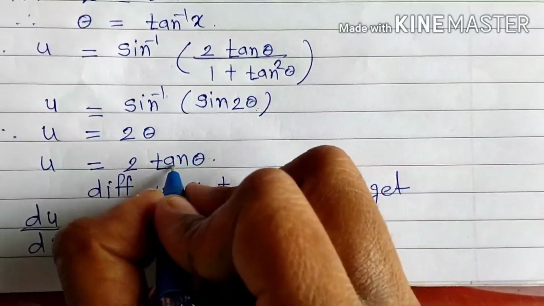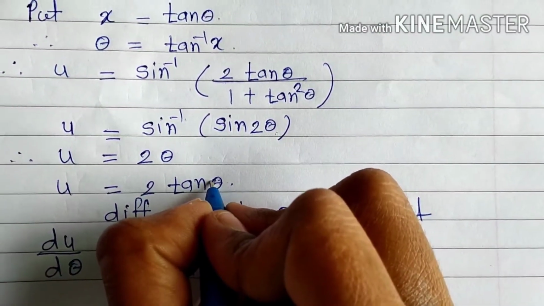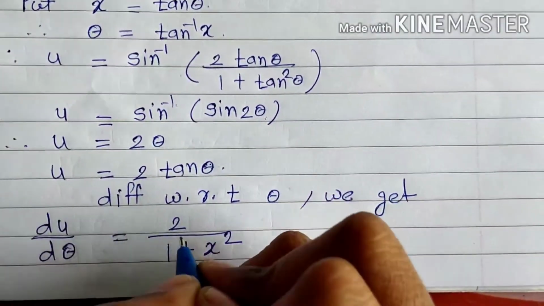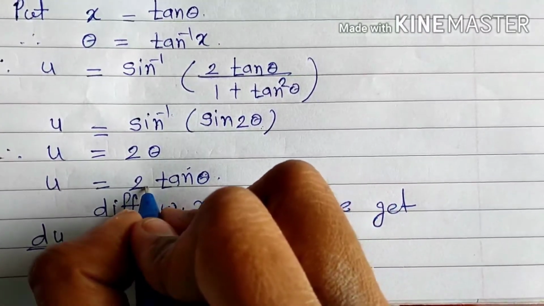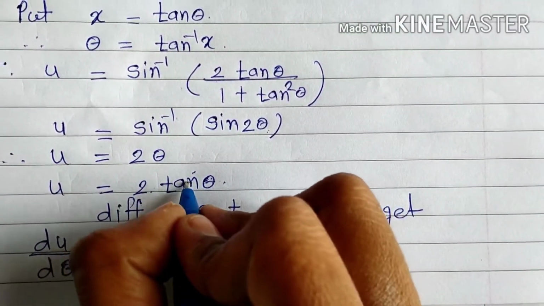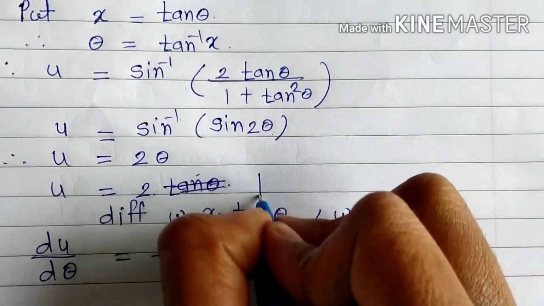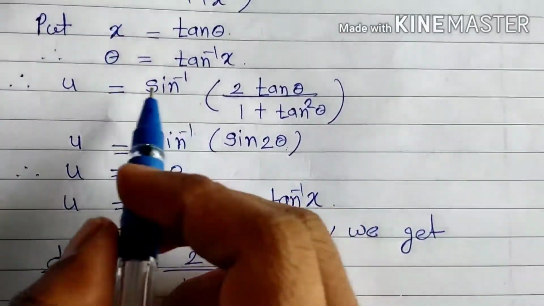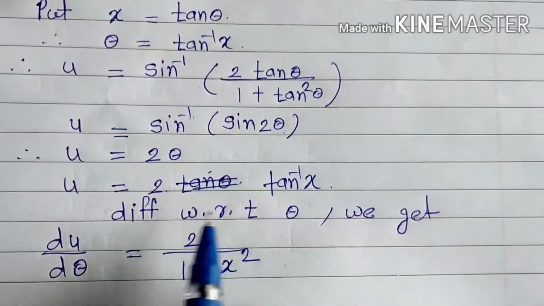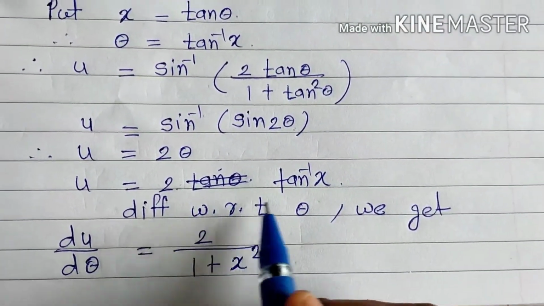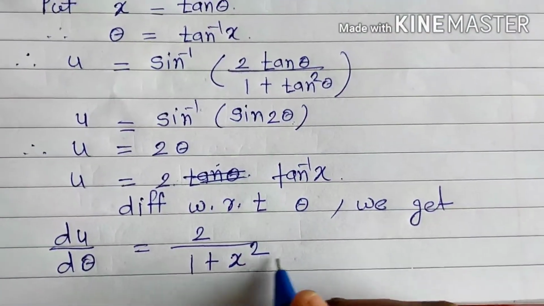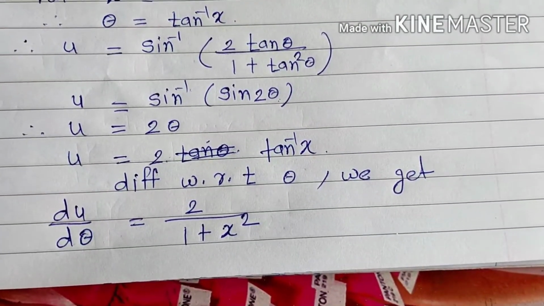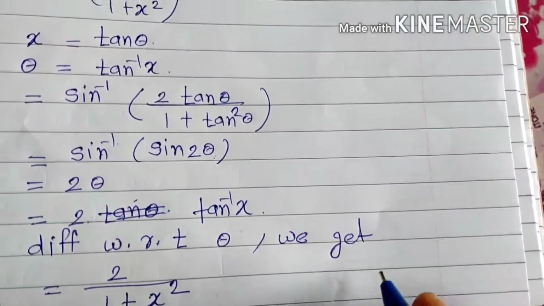Sorry, here is some mistake: u is 2 tan inverse x, because the value of theta is tan inverse x. So the differentiation of tan inverse x is 1 upon 1 plus x square, and du by dx is 2 upon 1 plus x square. Give it equation first.